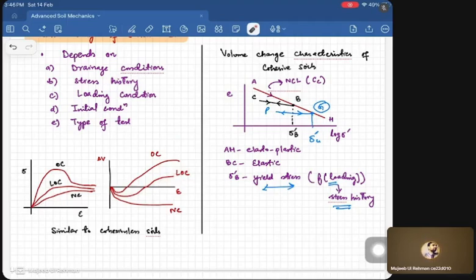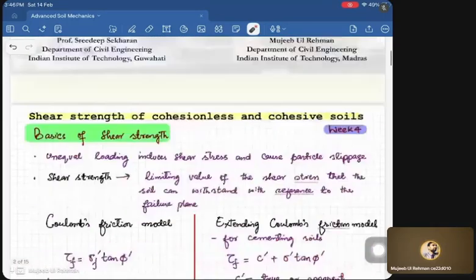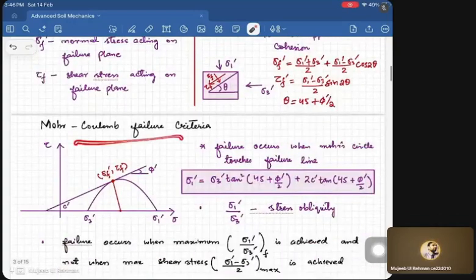So this was the overall summary of what has been taught in session 4, in which the professor had discussed the basics of shear strength, started with the definition of shear strength, then how we are defining the failure, whether it will be the Coulomb friction model, extended Coulomb friction model for cementing soils, then the Mohr-Coulomb friction model.